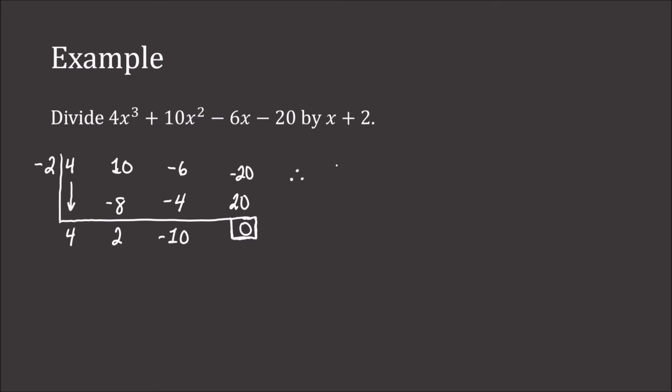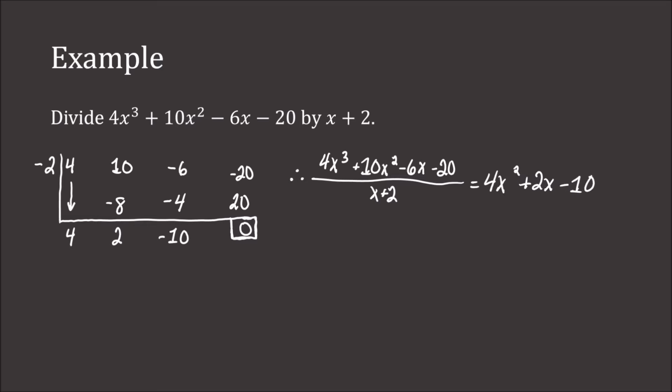Therefore, 4x cubed plus 10x squared minus 6x minus 20 divided by x plus 2 is equal to 4x squared plus 2x minus 10. So that is how we divide polynomials.